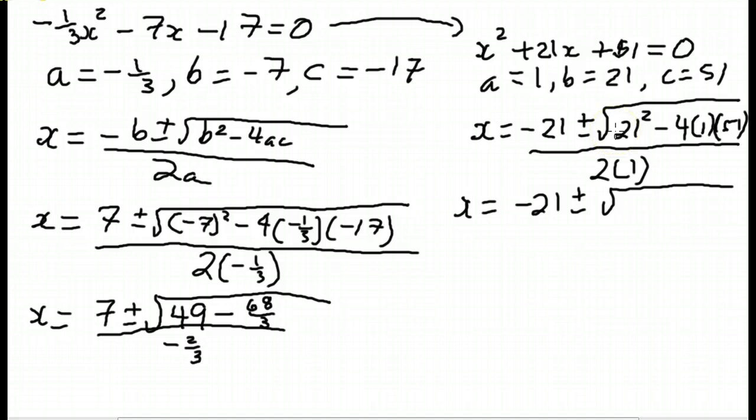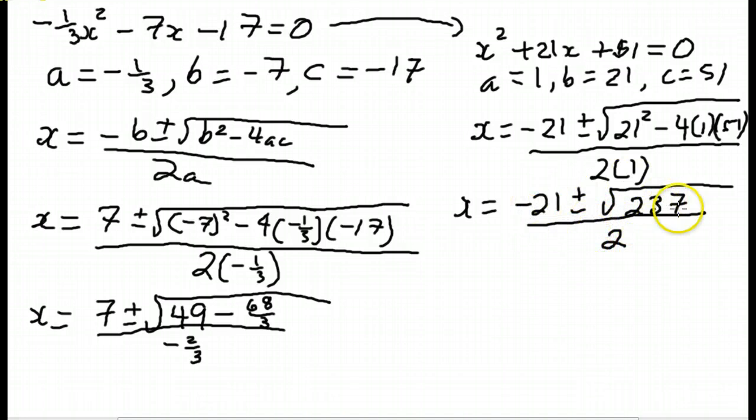So this is 441 minus 204. We've seen this number before, right? Because we did this example. So that's 237 all over 2.